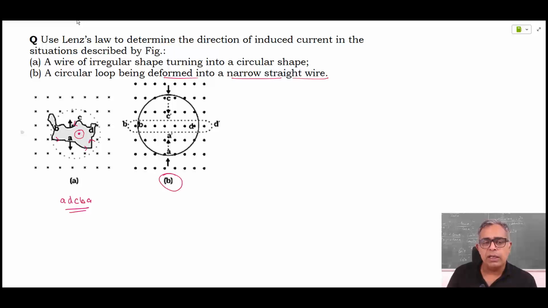The induced current will arrange itself in such a way that it will support the already existing magnetic field. So in order to get the magnetic field in the same direction, it must be anti-clockwise again. So the direction of induced current is again A, D, C, B, A, right?